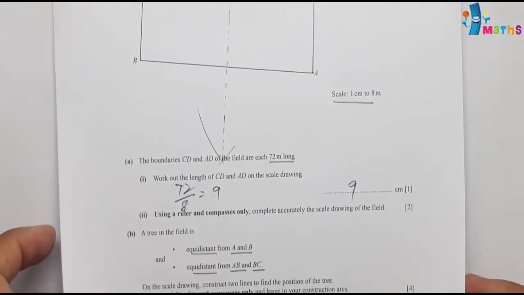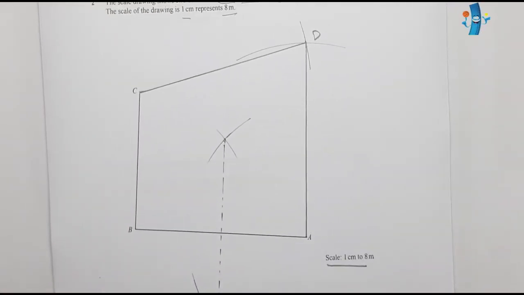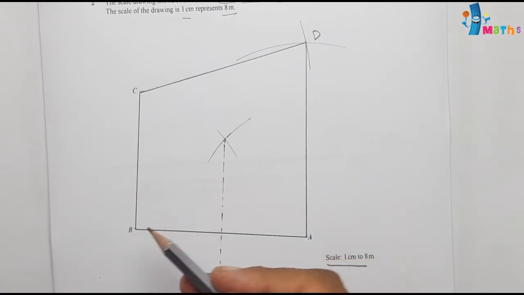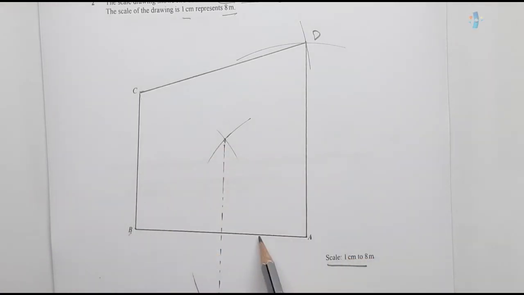So AB and CD, AB is this one and BC is this one. So equidistant from these two sides will be the angle bisector, which we will draw.